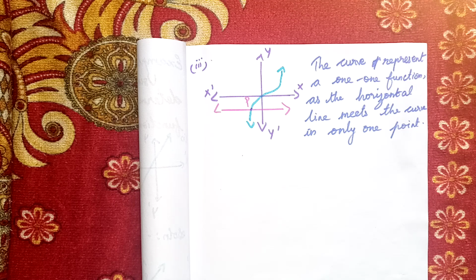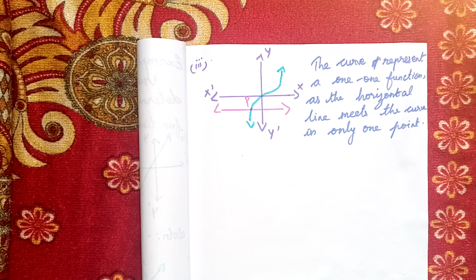Two or more elements in A having the same image in B is a many-one function. Next, what is an onto function? Every element in B has a pre-image.